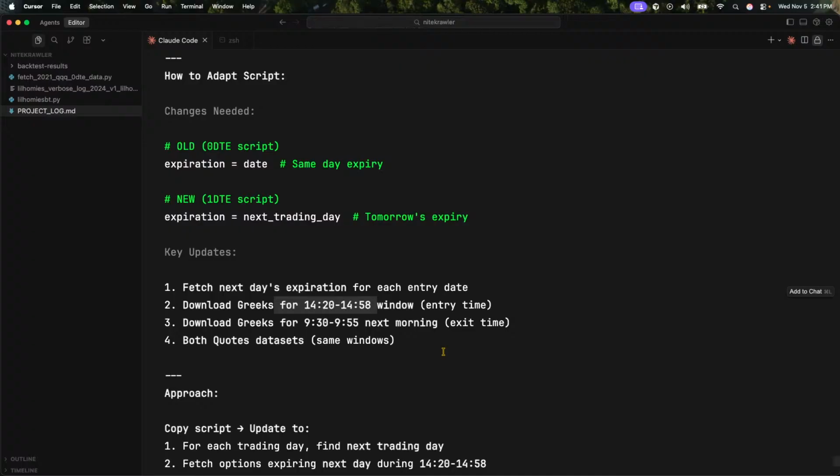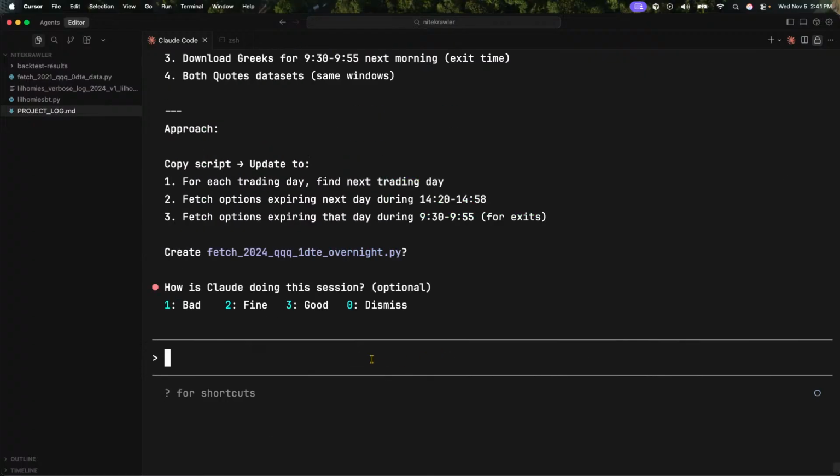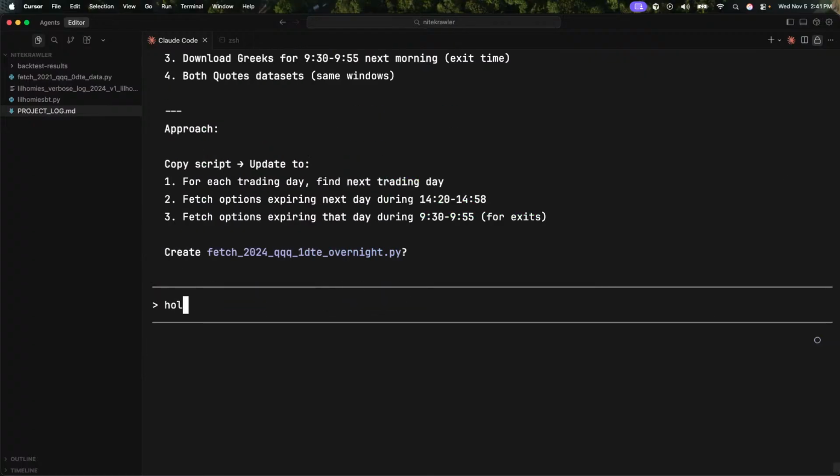No, no, no. Hold on. Let's see if we can get the Greek times based off what we need, i.e. a larger window.